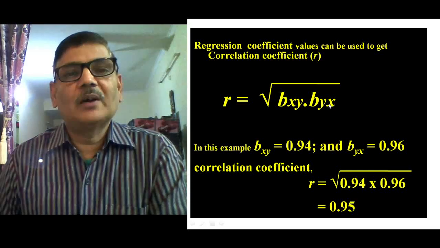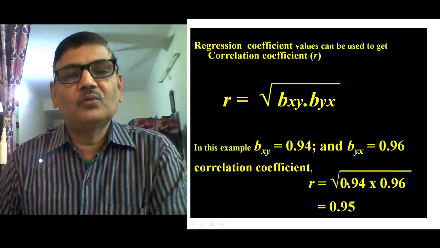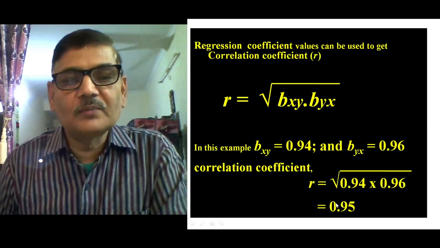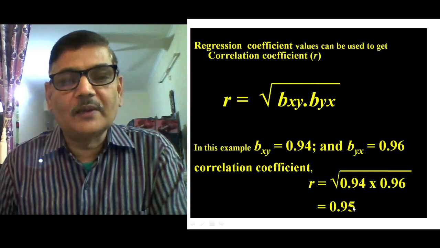We have just obtained the b value for x on y, which came to 0.94, and the regression coefficient for y on x, that is 0.96. So to obtain the r value, you take the square root of 0.94 into 0.96, and this value comes to 0.95.